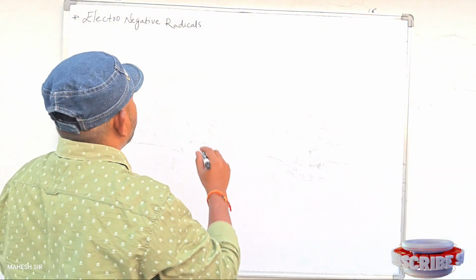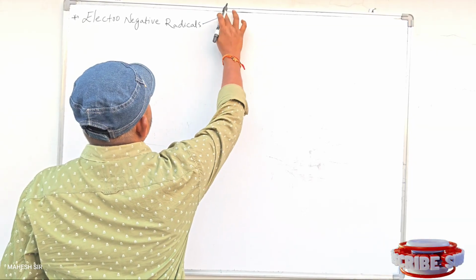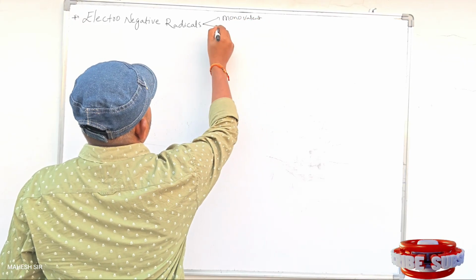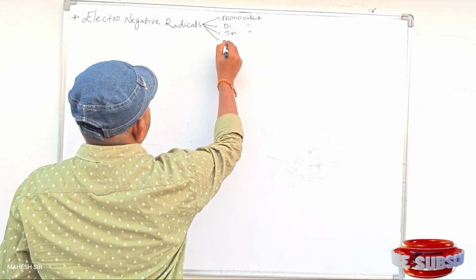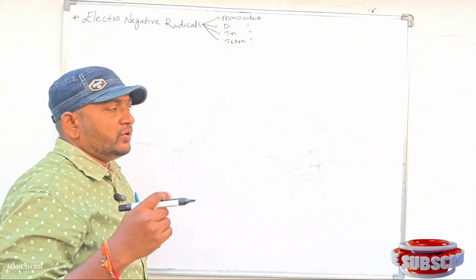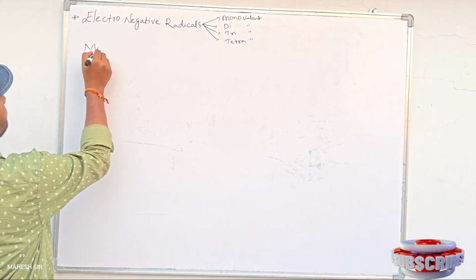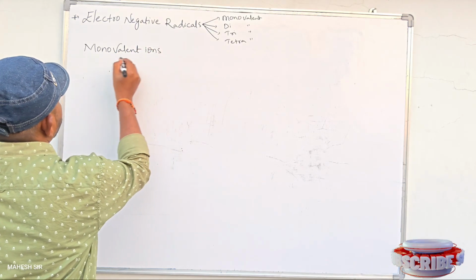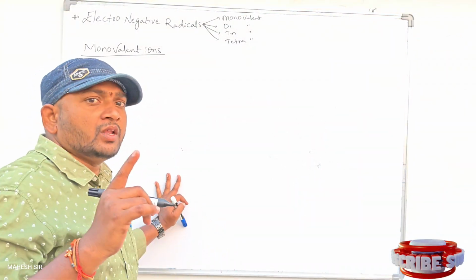And here also we have monovalent, divalent, trivalent and tetravalent. So one by one we are discussing now. The first one, monovalent ions. In a positive, we are discussing hydrogen.